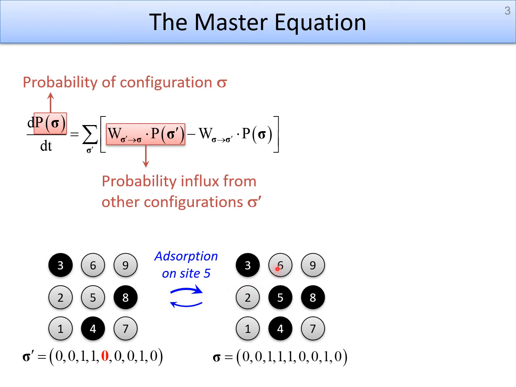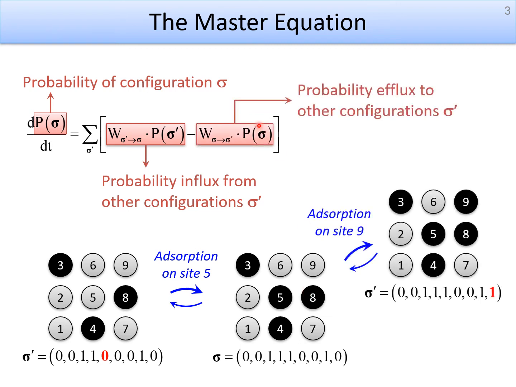You will also notice that from this state we may lose probability because of an event which would be the reverse event of this adsorption, right? So desorption from site 5 would give rise to this configuration here. So that's why I have this arrow over there, which models probability efflux to other configurations.